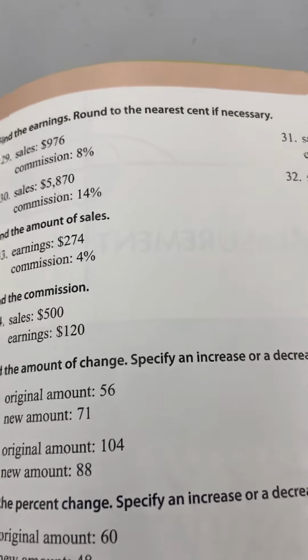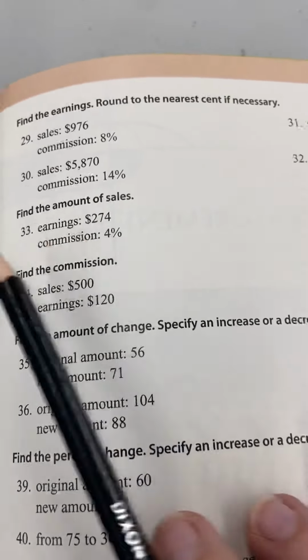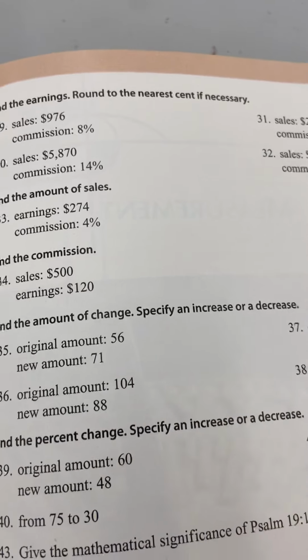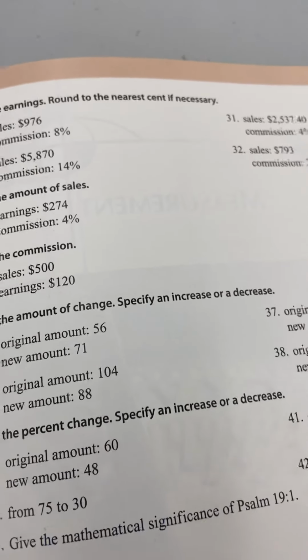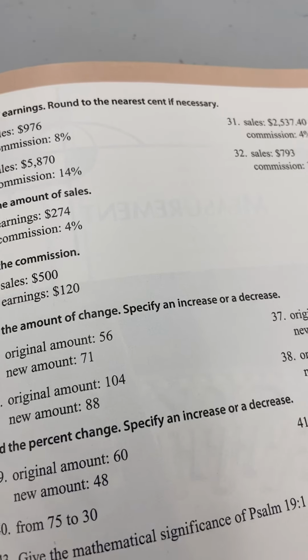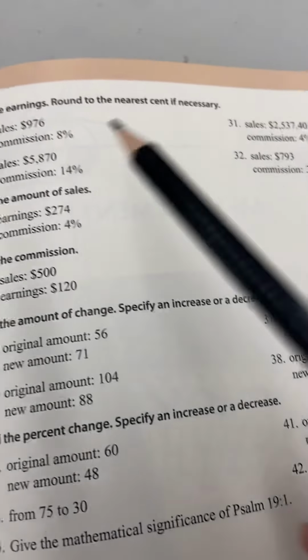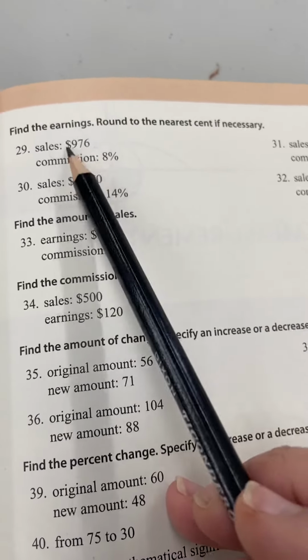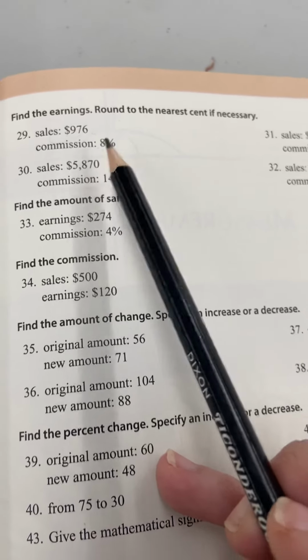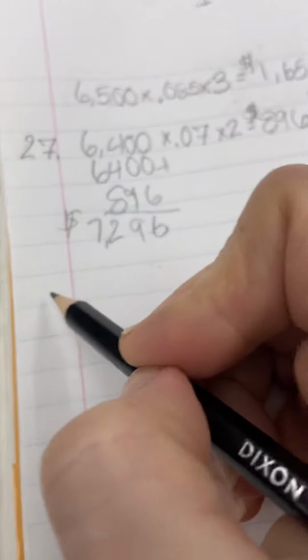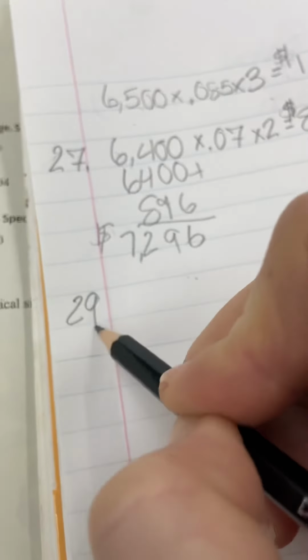Find the earnings, round to the nearest cent if necessary. All right, so we have sales and commission, and we have to find out how much we are making. Well, folks, you just do the exact same thing that we have been doing. You just multiply the sales times the commission. Do you see a little pattern here on how you figure out these little percentages?